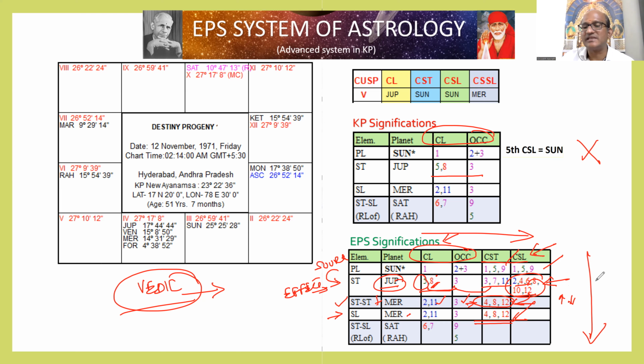Unfavorable not just with the sixth house or 10th house, it is having 4, 6, 8, 12 significations present. So what it means: you can see Jupiter, star lord of the star lord is Mercury, sublord also Mercury. So favorable significations are supported by CLOCC only, but cuspal star lordship and cuspal sublord significations are not supportive. They are weakening the signification. It is causing obstacles and hurdles.